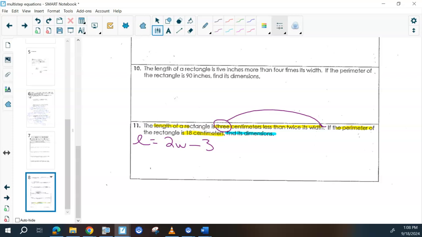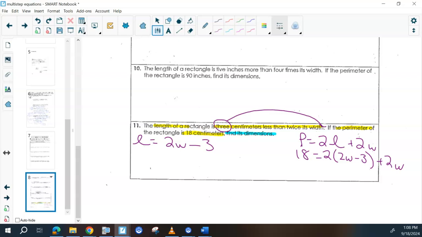Then we know the perimeter, which we talked about last class, is P equals 2L plus 2W, to add up all the sides, both the lengths, both the widths. And we can replace some of those things because we know the perimeter is 18. And we know that the length has this equation, so we're going to put that in parentheses in place of L. What is that next to the 2?